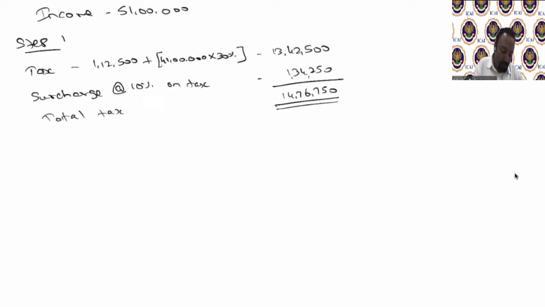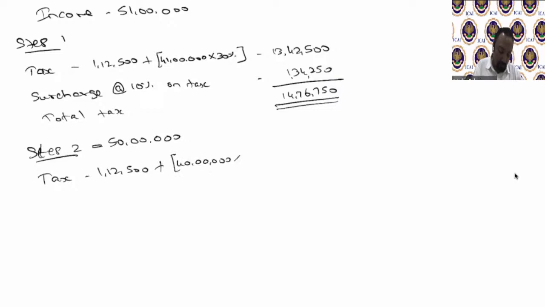Now we are going to see step 2. Tax is 1,12,500 plus, and now you calculate it only for 50 lakhs. So 1,12,500 plus 40 lakh into 30%, which is 12 lakhs, so 13,12,500.